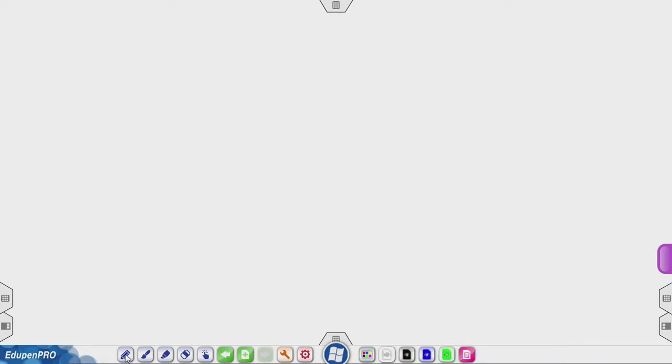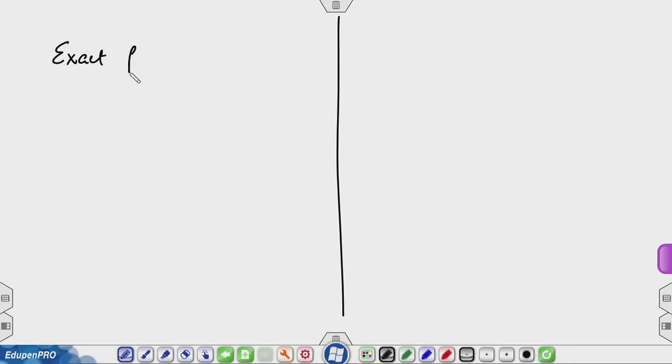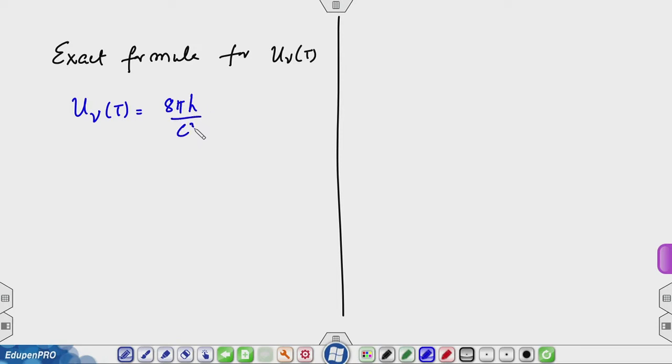So let's start with the exact formula for u nu t, and it is u nu t is equal to some constant 8 pi h over c cubed nu cube over e raised to h nu over kBt minus 1. This is the exact formula, Planck's formula.